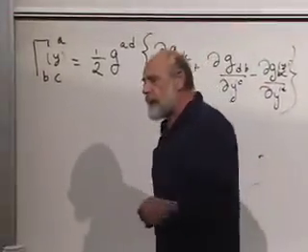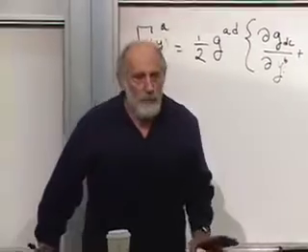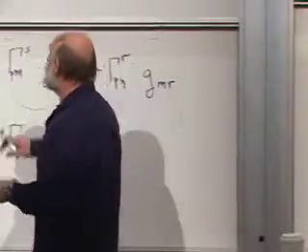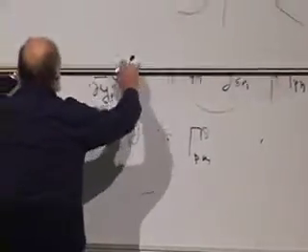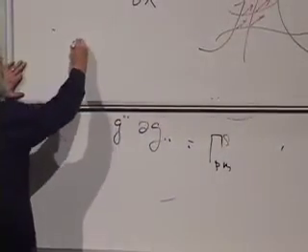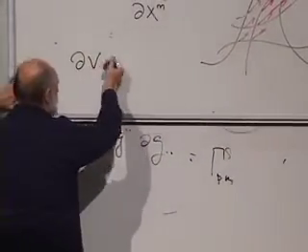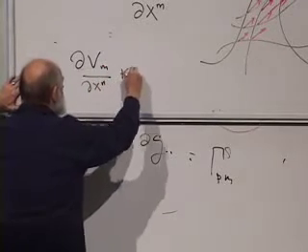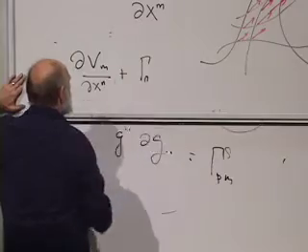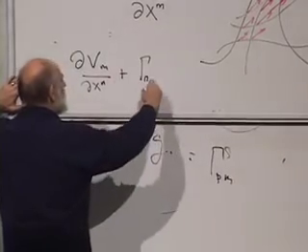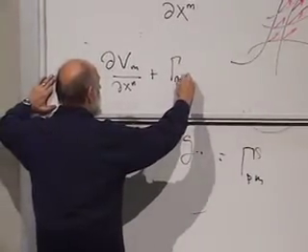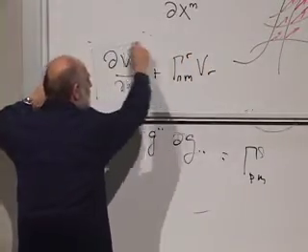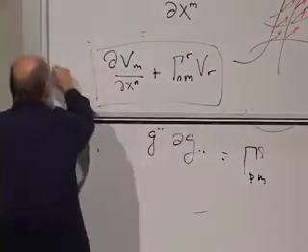You can memorize it if you like, or don't. But the important thing is, it is the connection, the object which allows you to differentiate tensors: the derivative of V m with respect to x n plus gamma n m r V r. Covariant derivative.